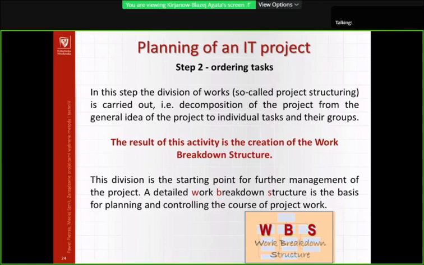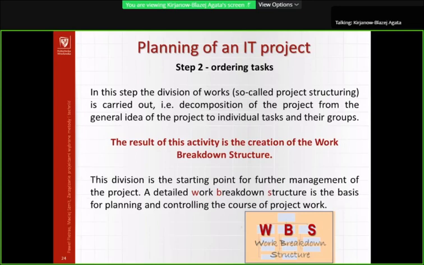And the result of this activity is the creation of the work breakdown structure, WBS. The division is the starting point for the further management of the project. A detailed work breakdown structure is the basis for planning and controlling the course of project work.